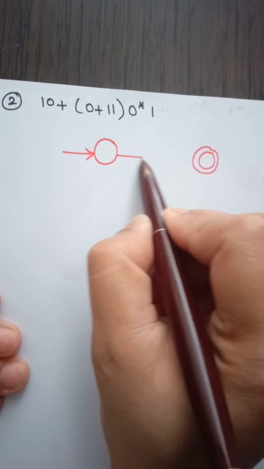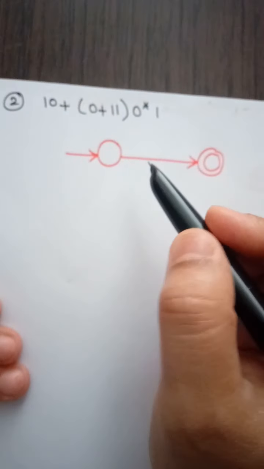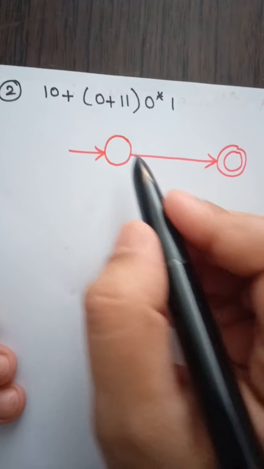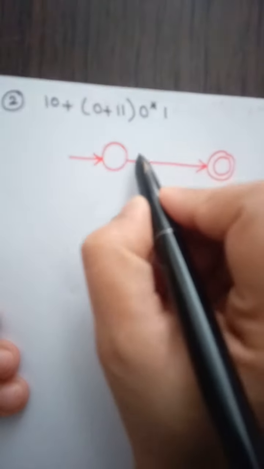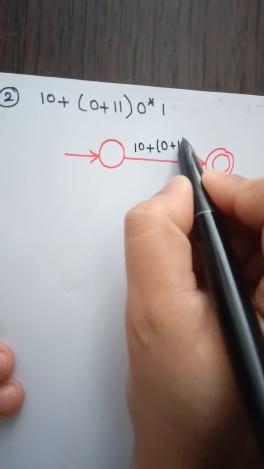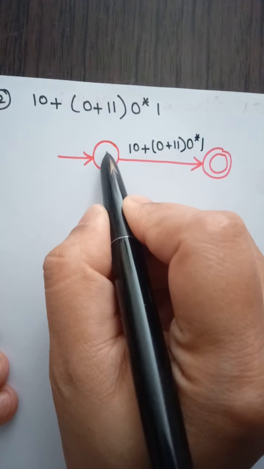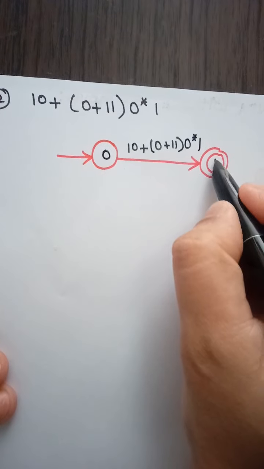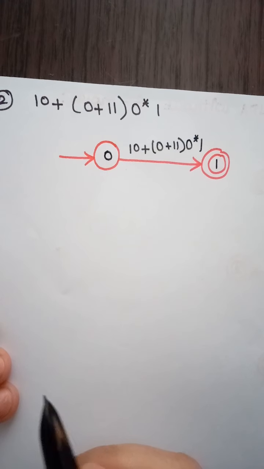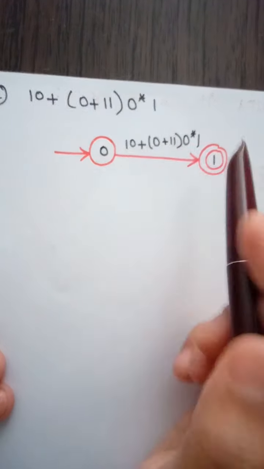From this initial state to final state we'll have a transition for this input, and let the states be 0 and 1. After this, we need to split these two.